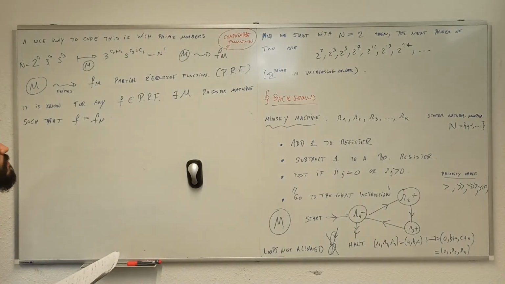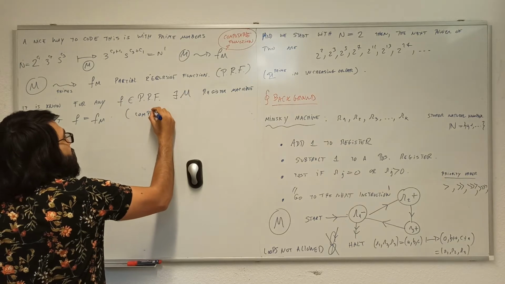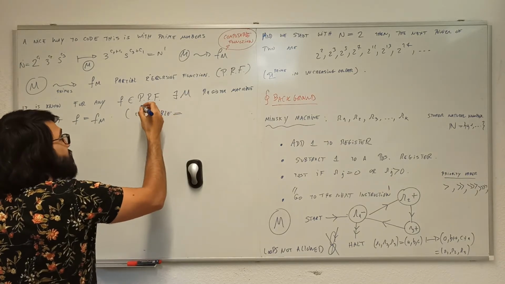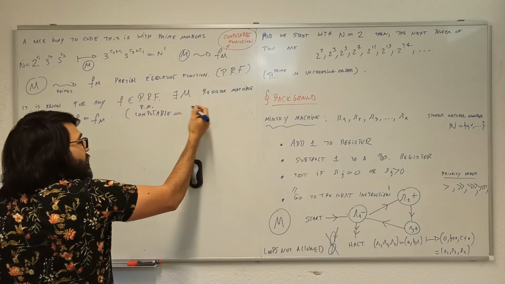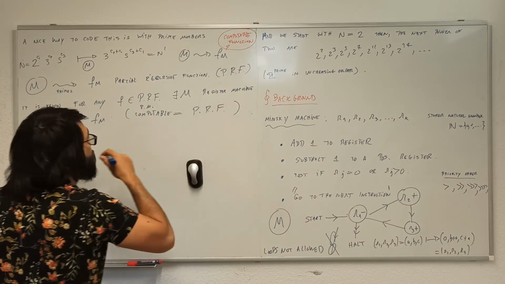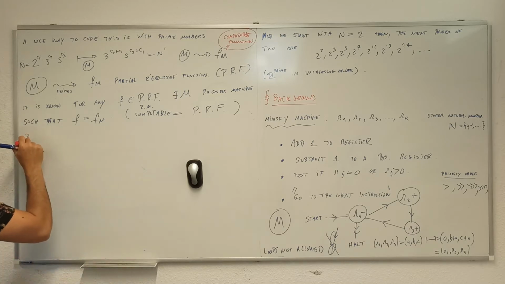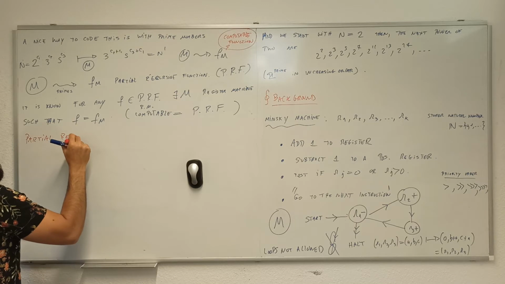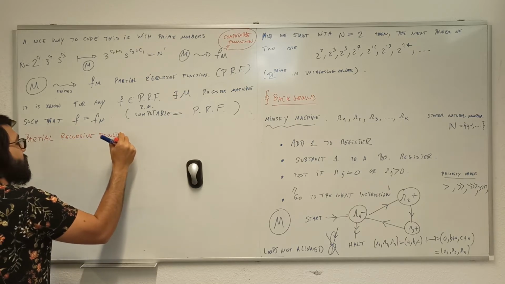So basically, the result is saying that computable, which means register machine computable, equals partial recursive function. Let me define what a partial recursive function is.